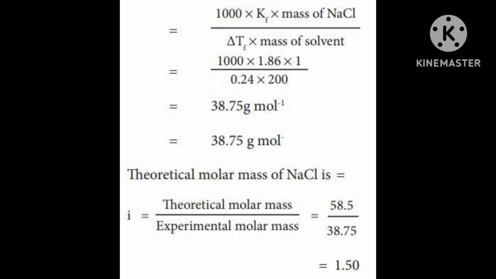Dissolved in 25 gram of benzene. 2 gram of benzoic acid dissolved in 25 gram of benzene shows a depression in freezing point equal to 1.62 Kelvin K. Molar depression constant for benzene is 4.9 kg per mole. What is the percentage association of acid if it forms dimer in solution?